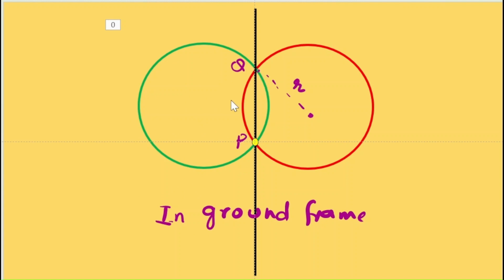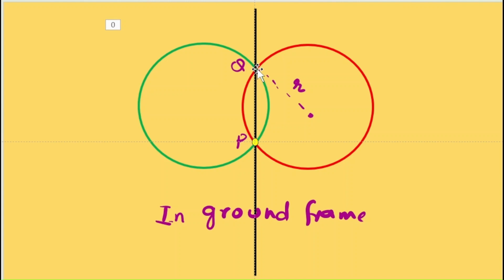It appears that the angular velocity of this circle is equal to the angular velocity of this intersecting point. But we don't know whether omega is constant or not for this intersecting point. If it is constant, then we can write the velocity of this intersecting point as Vq is equal to r omega. But we don't know whether omega is uniform or non-uniform.